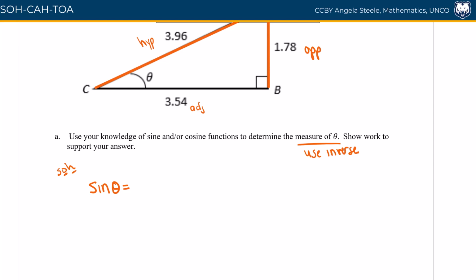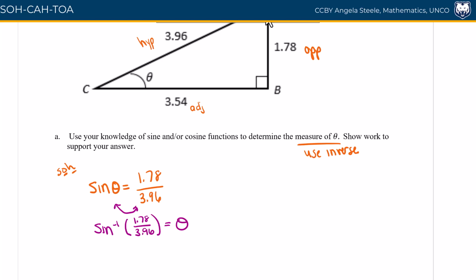So our sine of theta is going to be equal to 1.78 over our hypotenuse of 3.96. And so now we want to take the inverse of this. So remember, the inverse is that we switch the inputs and the outputs. So this becomes sine inverse of 1.78 divided by 3.96 is equal to theta. So now we have theta all by itself.